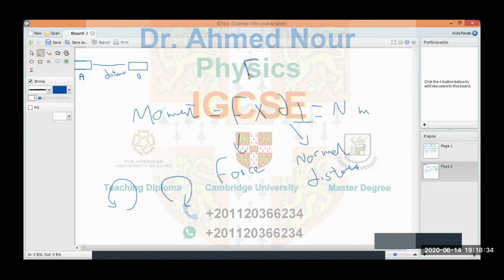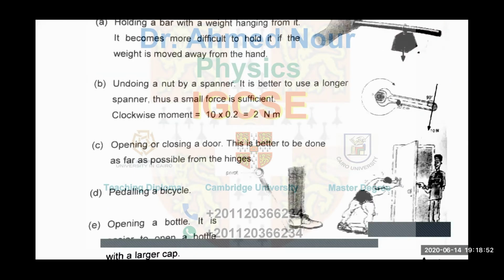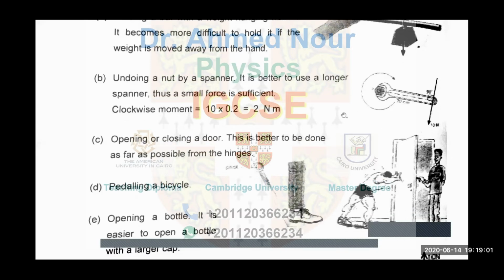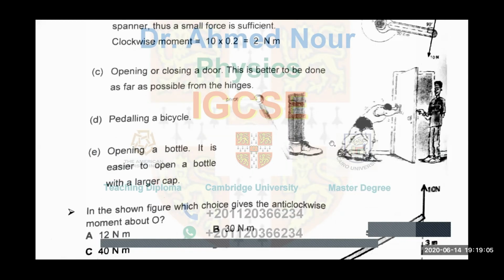This means when the force decreases, distance increases. So when I want to apply a smaller force, I can increase the distance. That's what happened here in this example. The spanner is longer, so I make a smaller force. The moment here is clockwise.